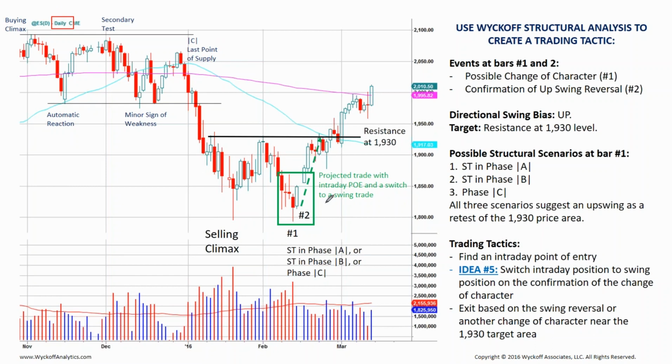So therefore, we are going to intraday trade somewhere here near the support. And once we have a confirmation on the daily that we have reversed, then we're going to stay in that trade until we hit our target or until the actual reversal happens. So let's look at that.